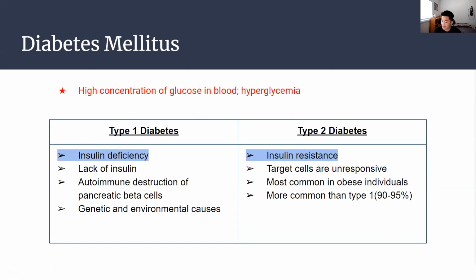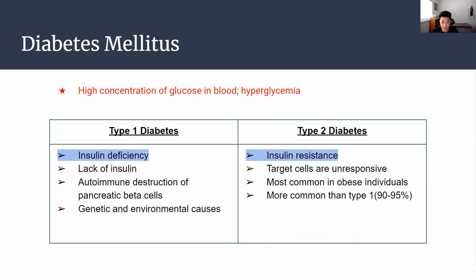Insulin deficiency is due to the autoimmune destruction of the beta cells of the pancreas, so that they cannot make insulin. That's type 1 diabetes. This autoimmune destruction in a type 1 diabetic is caused by genetic and environmental factors. So it's a genetic issue, an environmental issue, right?